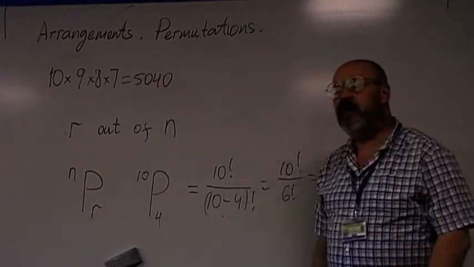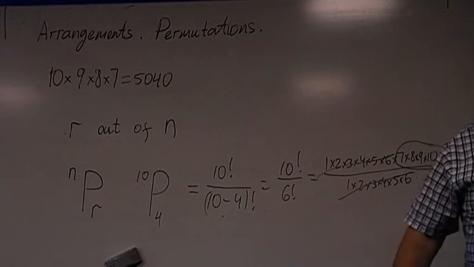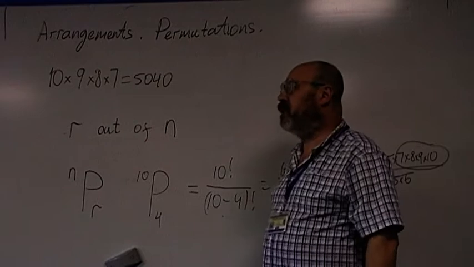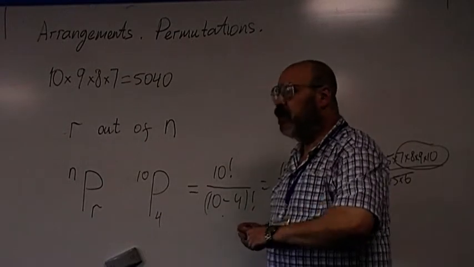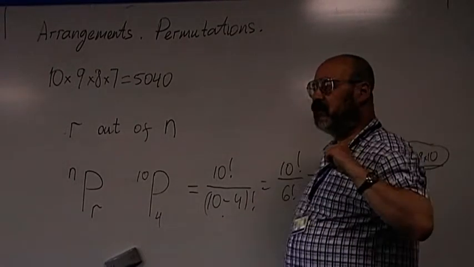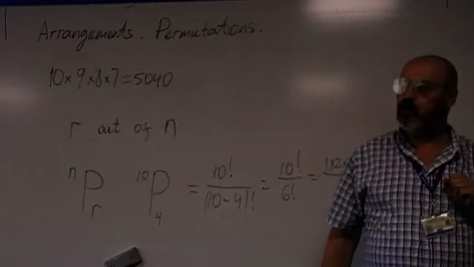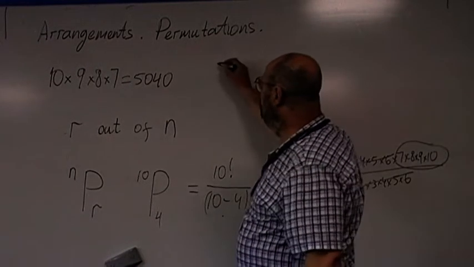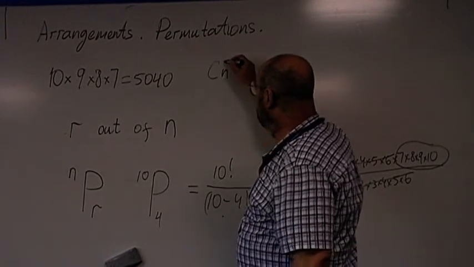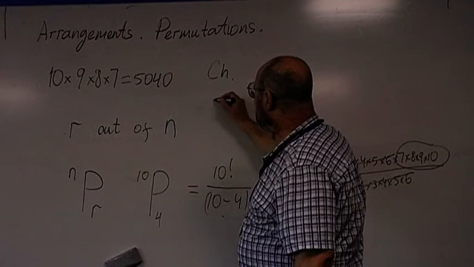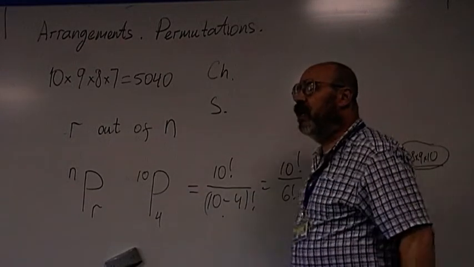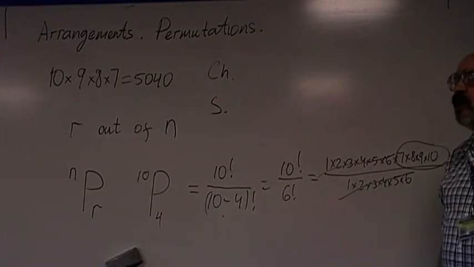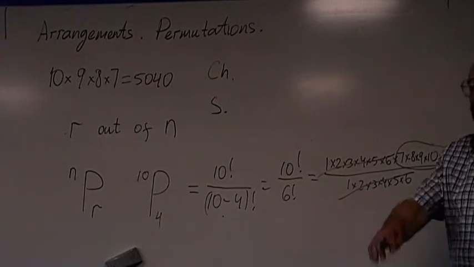So for example, say we have 6 people, and we need to choose a committee which will consist of the chairman and the secretary. In how many different ways can we choose a committee out of 6 people?